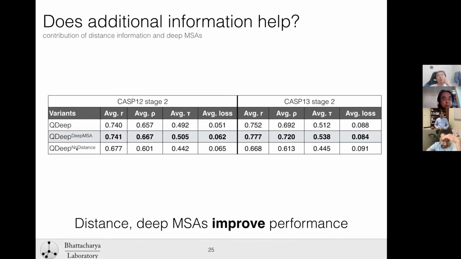But when we take out the distance features from the QDeep method, the performance actually drops, which indicates that distance information is actually a driving factor behind the improved performance of QDeep.